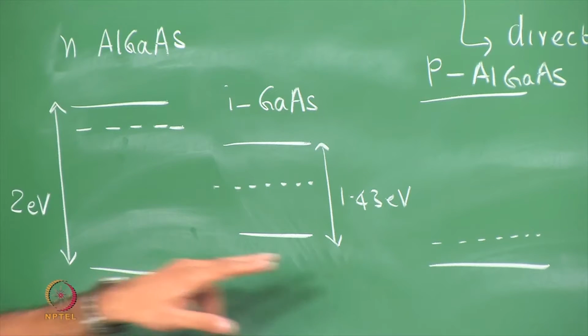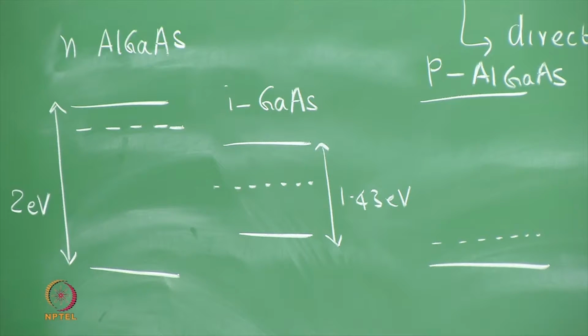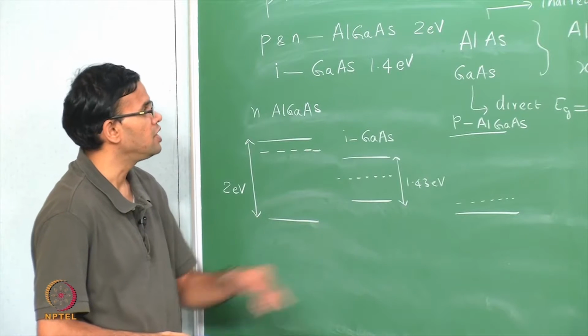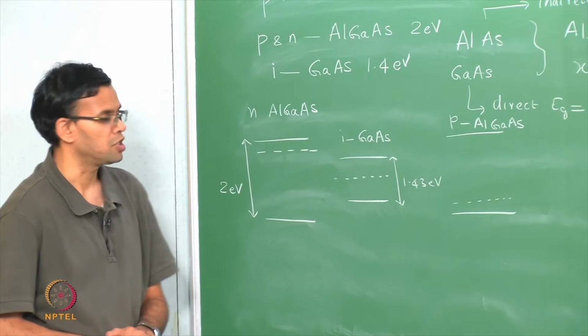So, we have two junctions and these are different materials. So, it is a heterojunction because we have two of these, this forms your double heterojunction.